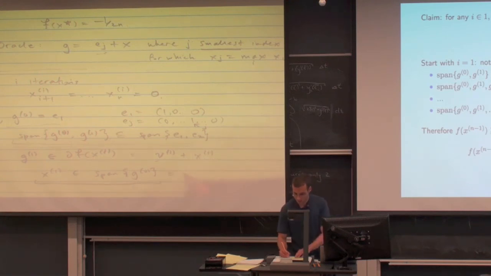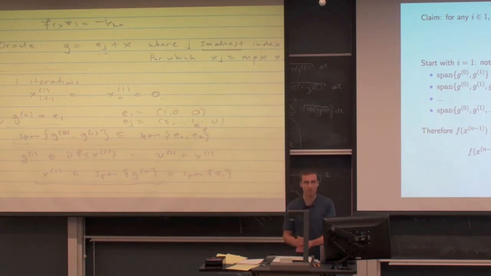That's the span of the first standard basis vector. So it's 0 for components 2 through n. And this is going to be either E1 if 1 achieves the maximum, or it can be E2, because let's suppose the first component of x1 was negative, then the smallest component that achieves the maximum is x2 because it's 0 for 2 through n.